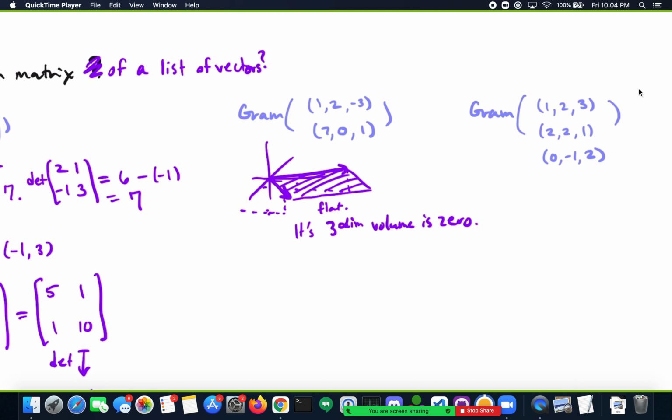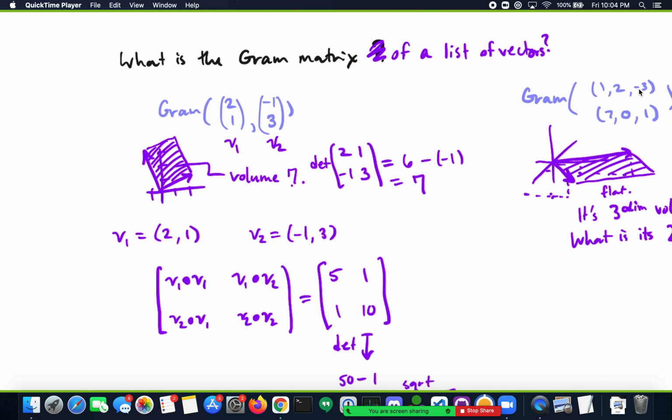So what if I want to find its 2-dimensional volume? Sometimes we call 2-dimensional volume by the word area. Over here I just said volume 7, but you might have been more used to the word area 7.